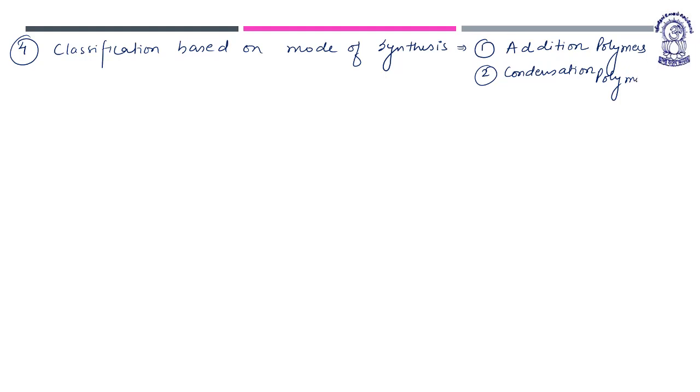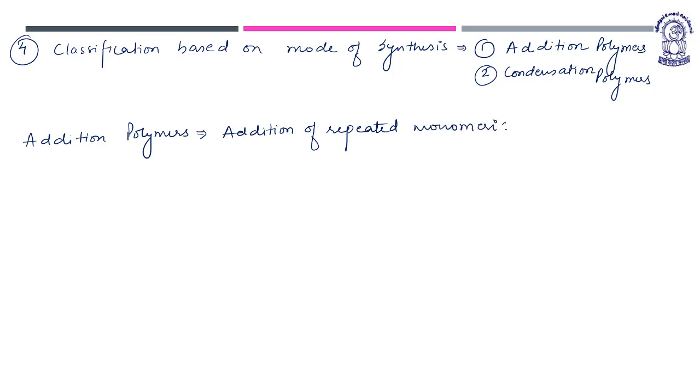Addition polymers are formed by the addition of repeated monomeric units without elimination of any simple molecule like methane, water, ammonia.